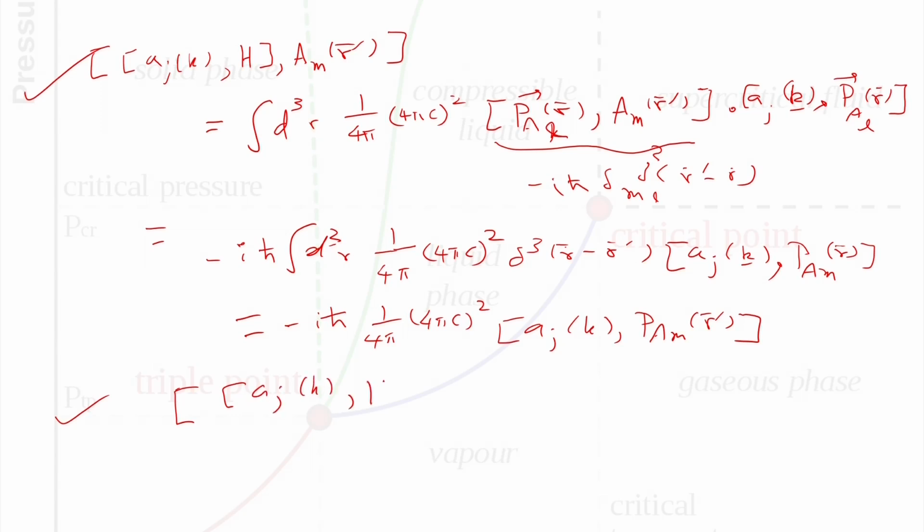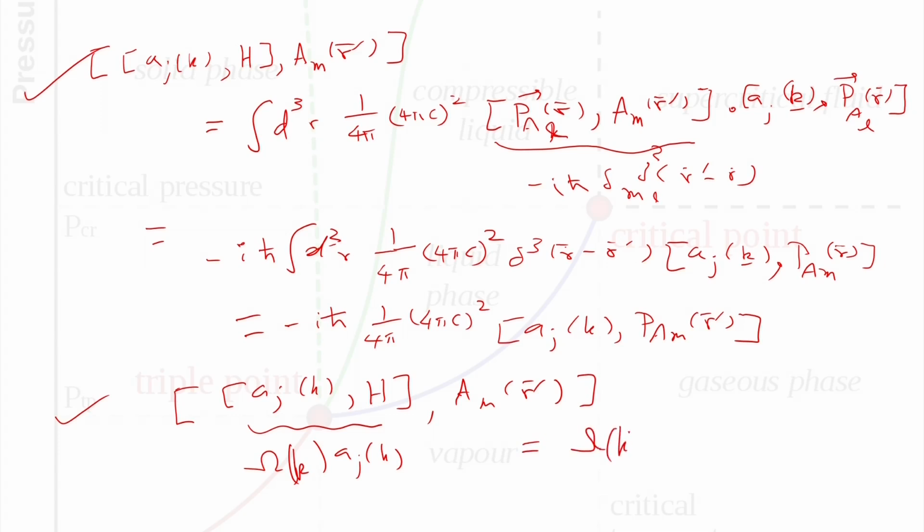So, remember that this is also equal to omega k a j k, that is also equal to that. So, on the other hand, this is equal to omega k a j k a m. So, on the one hand it is this, but on the other hand it is this.